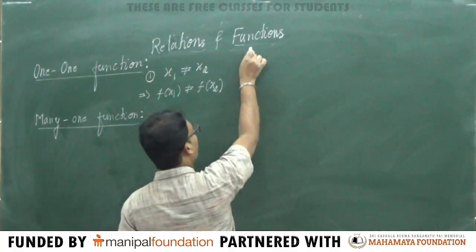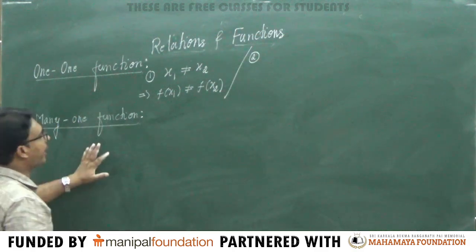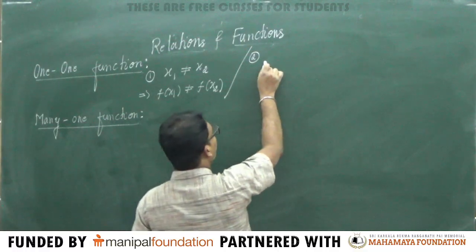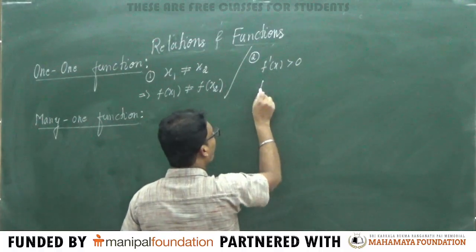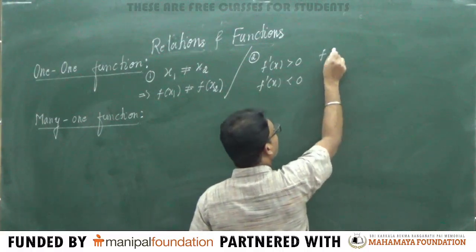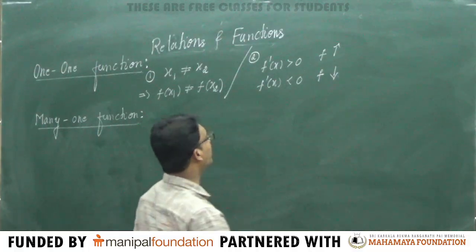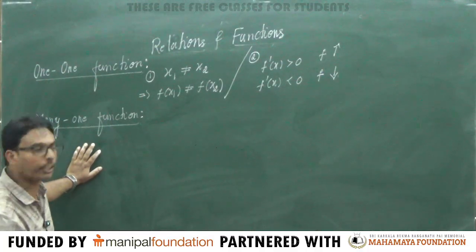This is the first method. The second method to prove whether a function is one-one or not: if the function is strictly increasing or strictly decreasing, then we say that the given function is one-one.